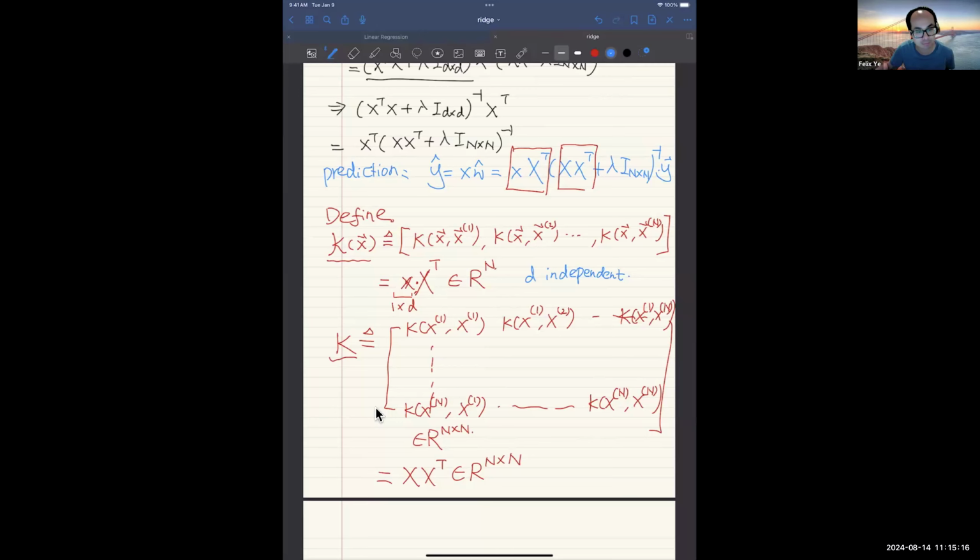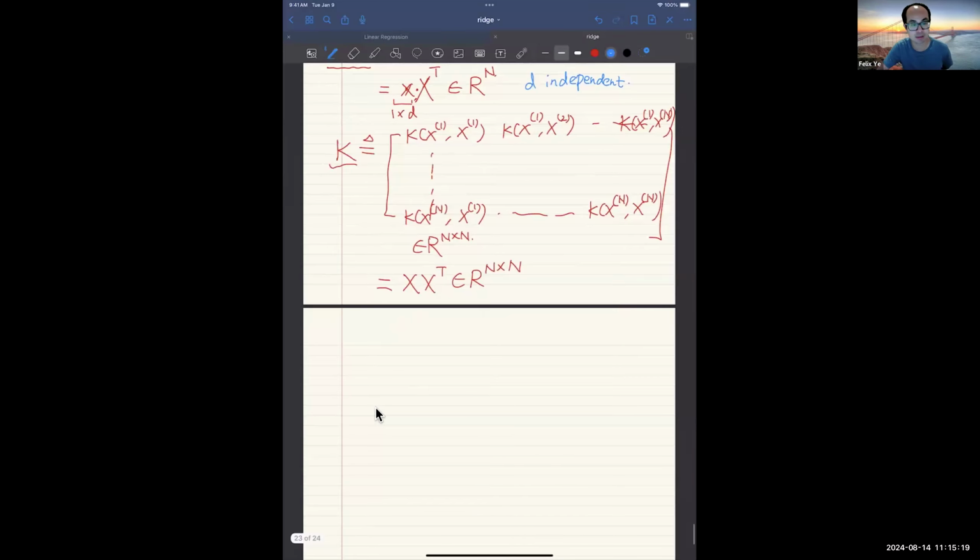All right. So what is the difference here in terms of training and predictions?